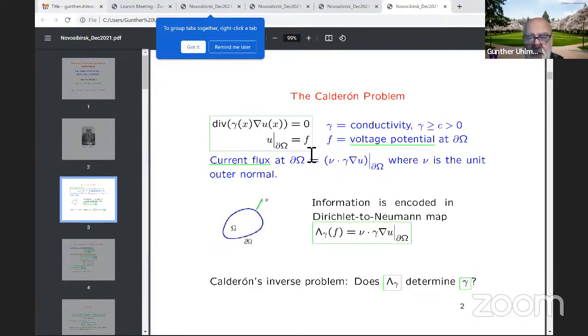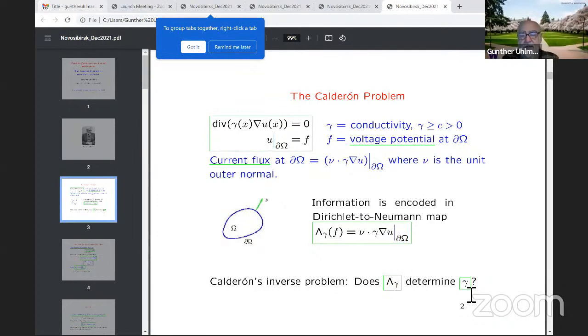You have a given voltage potential on the boundary, and you measure the induced current flux at the boundary, which is given by the normal component of the current, and that's the map. From a voltage f on the boundary, you assign the induced current flux. And the inverse problem, the Calderón inverse problem, is: does knowledge of this map determine the conductivity?